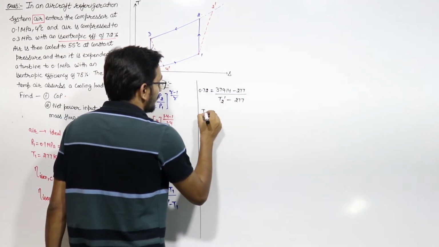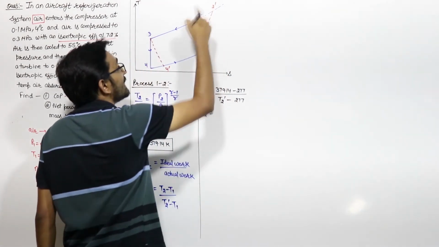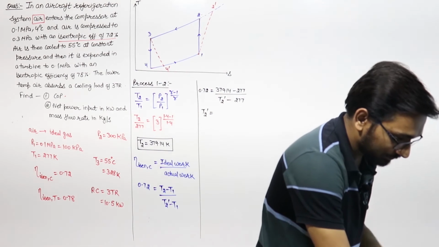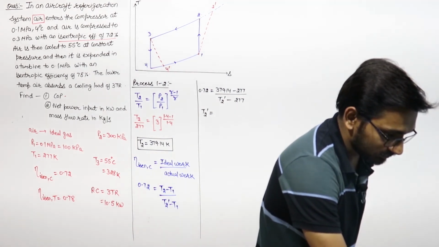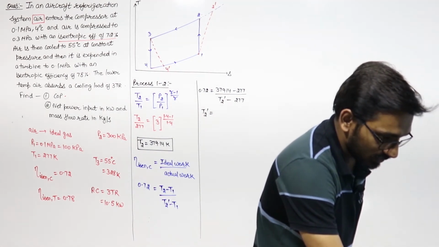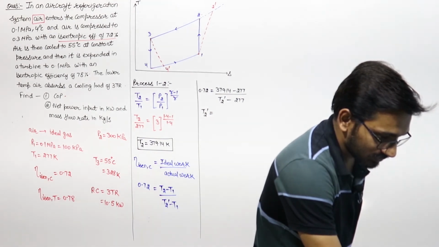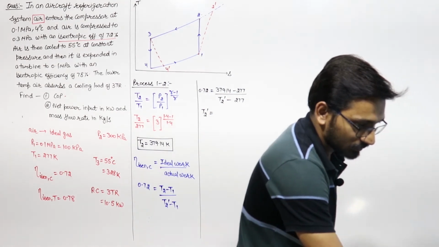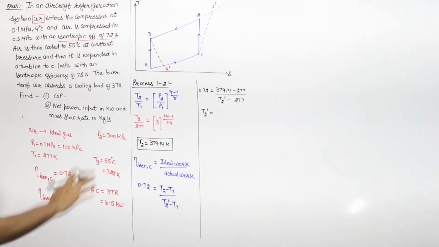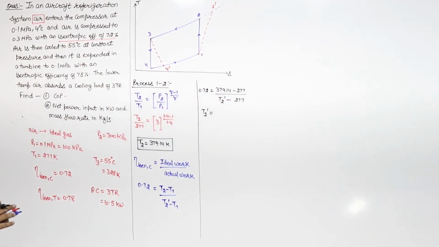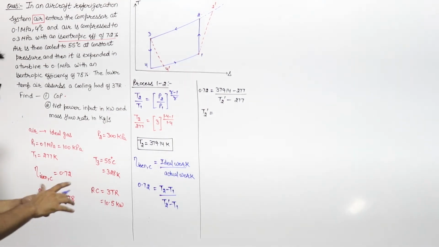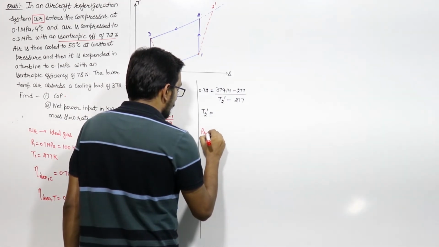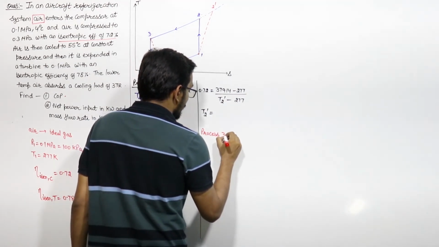From here you will get T2 dash. If you solve this you will get T2 dash, right? Similarly we will do for the process 3 to 4. Just start doing it for the process 3 to 4.